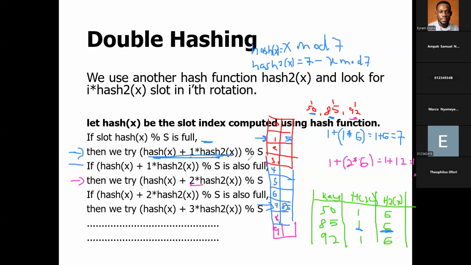But I'll confirm whether we have to find the mode of it again. If we have to do that, that'll be 13 mode 7, which gives us 6.